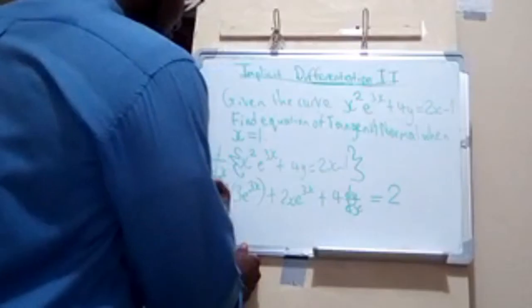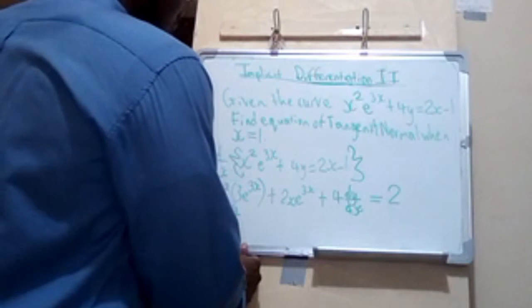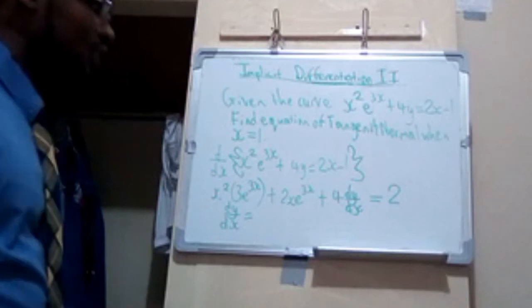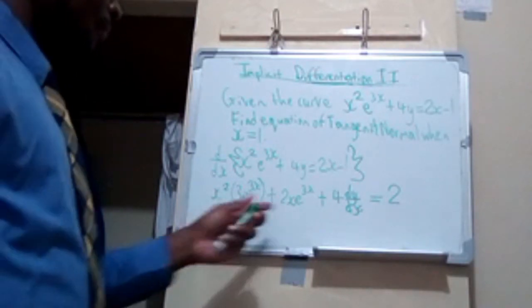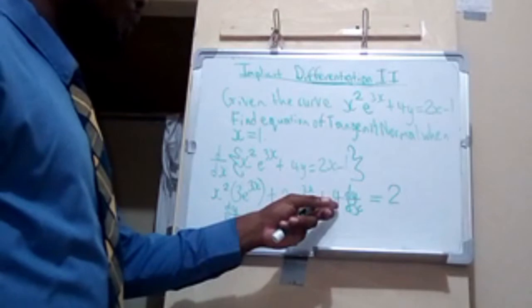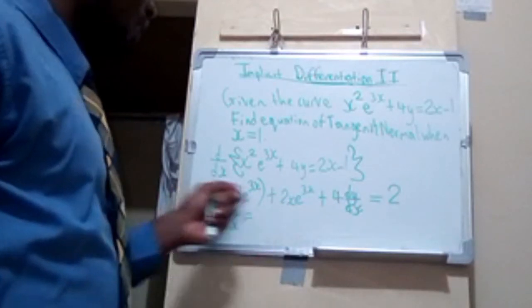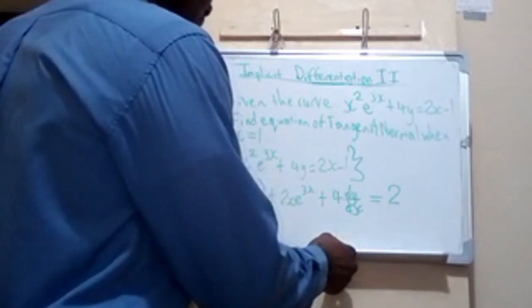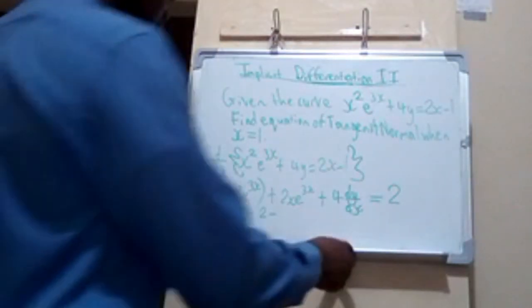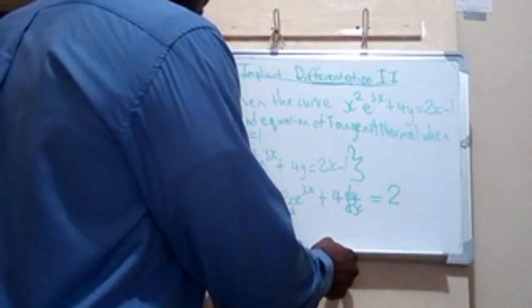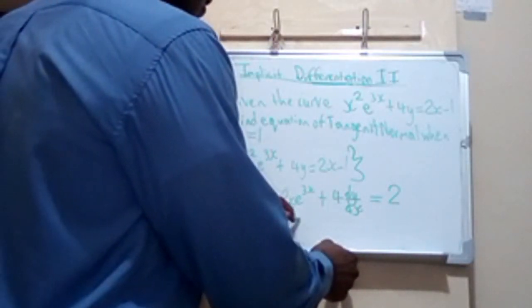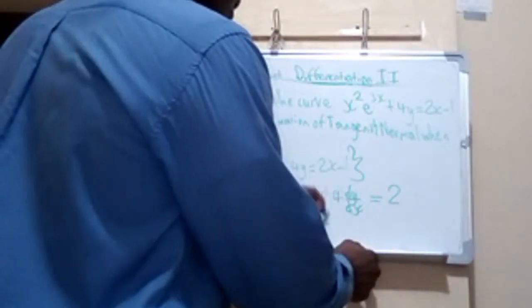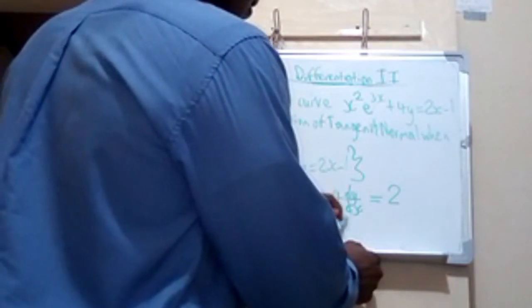So dy by dx is equal to, I bring everything over to that side, to get 2 minus x squared minus 3x squared e to the 3x, and bring over this to be minus 2x e to the 3x.